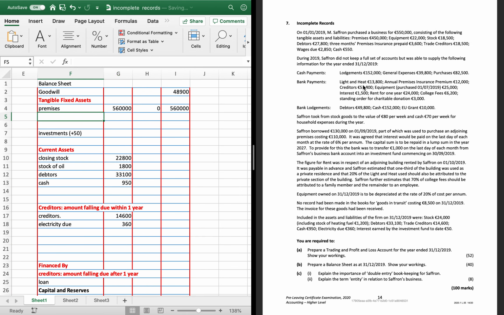Now our equipment starts off at 22,000, and then there will be a purchase of equipment. You have a purchase of equipment of 25,000. So 22 plus the 25 is 47. Just make sure you haven't sold any. You haven't. 47,000.